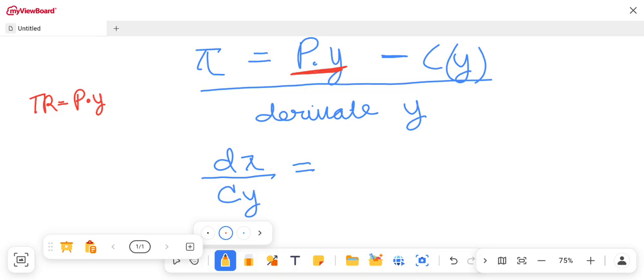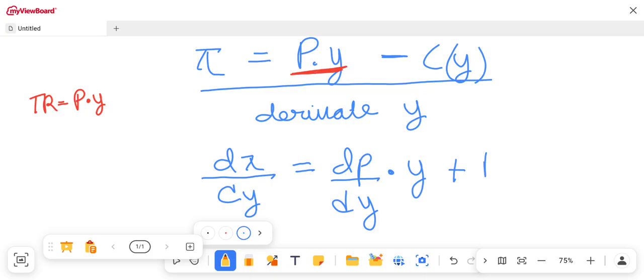First we will derivate P with respect to Y. When we derivate P, we get dP by dY dot Y, and plus we derivate Y with respect to Y. So what we get is dY upon dY, which is basically 1 into P. Okay, so answer is this.